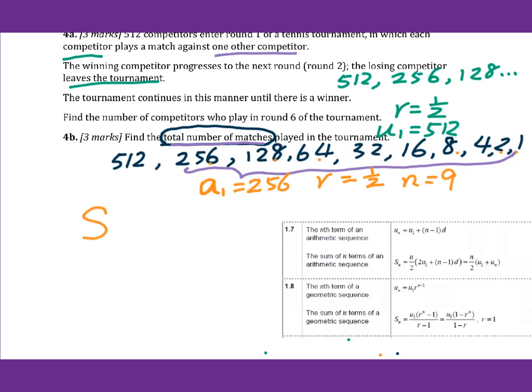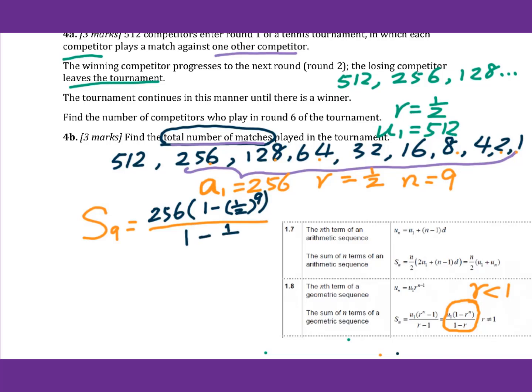Then we need to add these together. That equals, we use this formula because r is less than 1. So you will have 256 times 1 minus 1/2 to the 9th power over 1 minus 1/2. You will get 511.